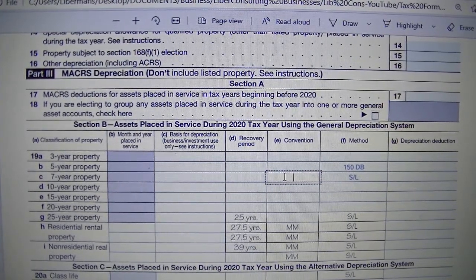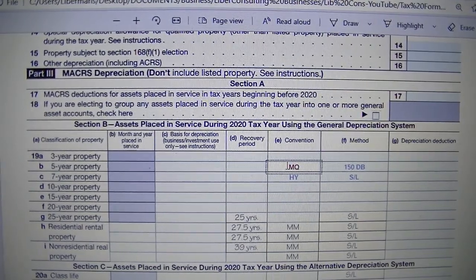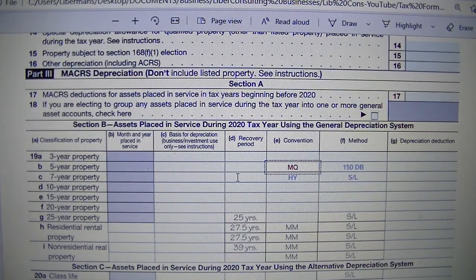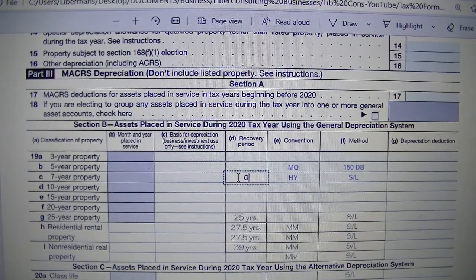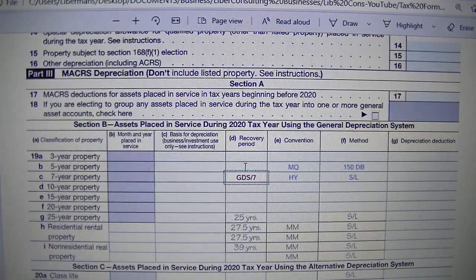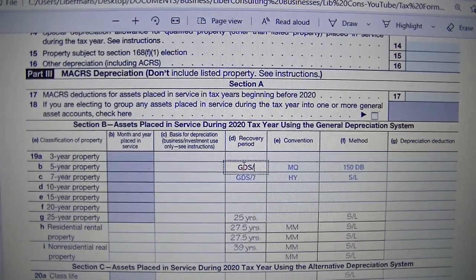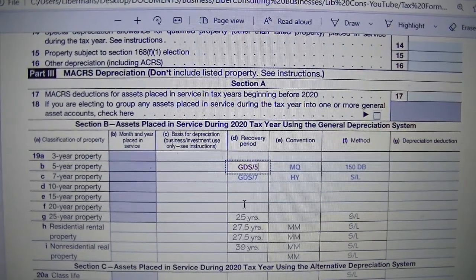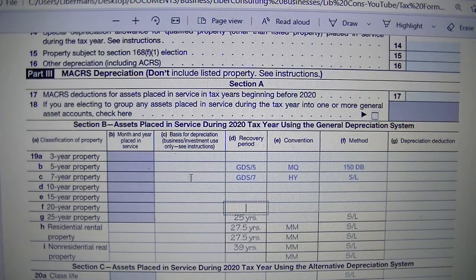So if that's half year, you'll put half year. If that's mid-quarter, MQ. And recovery period, I like to put GDS slash, you're on the row of 7, so I put 7 GDS slash 5. And yeah, you'll put your depreciation here. And then this is the dollar amount. That's the basis for depreciation, and that's the depreciation deduction.